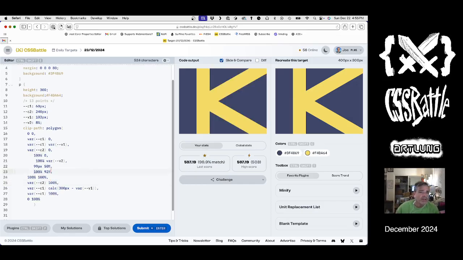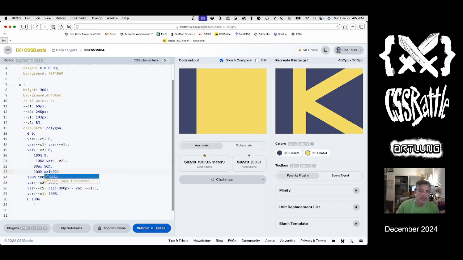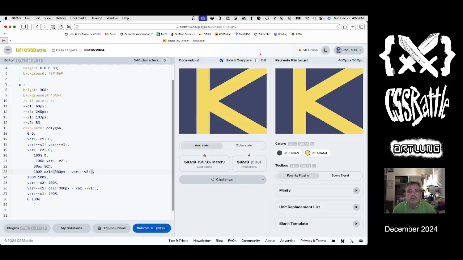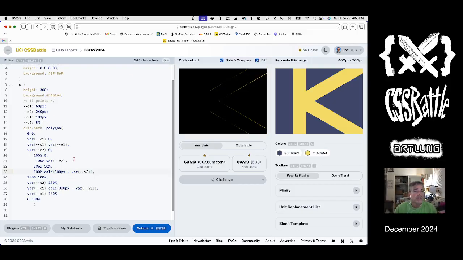Okay, what we wanted to do was here, right? Yeah, V2. Calc. 300 pixels minus. There we go. All right, so let's change that number. Change that V2 number to 10 pixels. 20 pixels. 21, 22, 23, 24, 23.